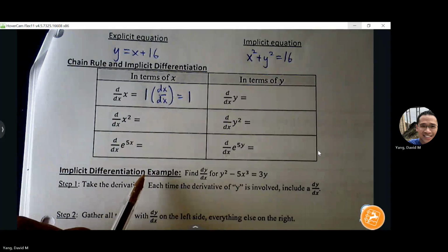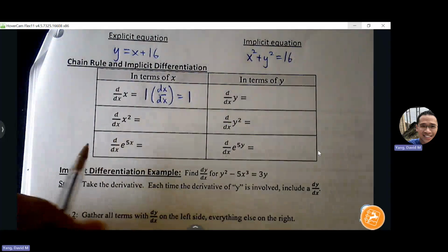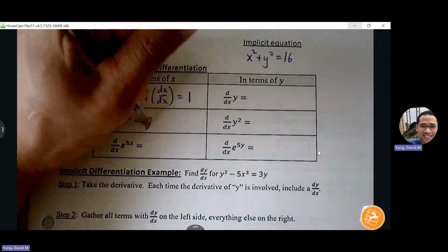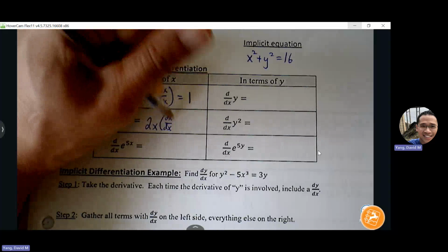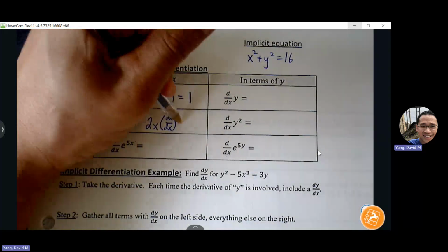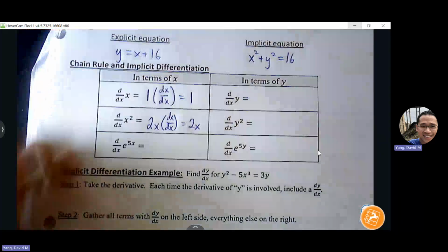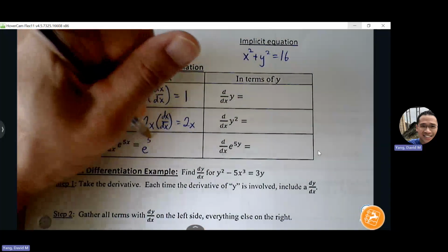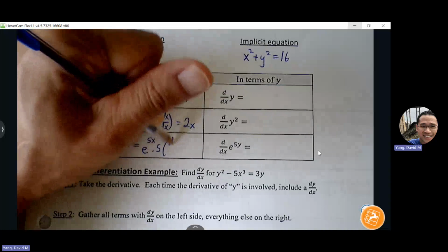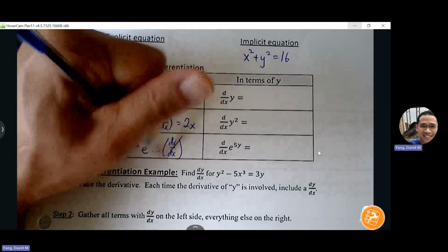Same thing here. If I want to find the derivative of x squared, it's simply 2x. But we never have to worry about the fact that dx over dx is part of that process because it just goes away. So we just always leave that alone. Same thing, e to the 5x becomes e to the 5x times 5. Technically, there's a hiding dx over dx, but we just wipe that out.